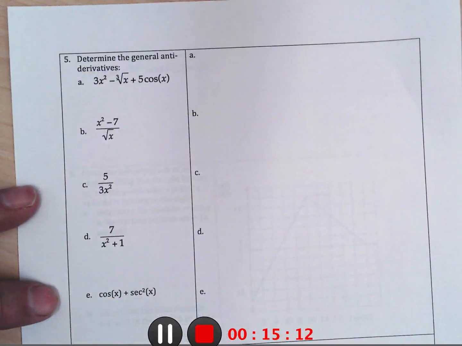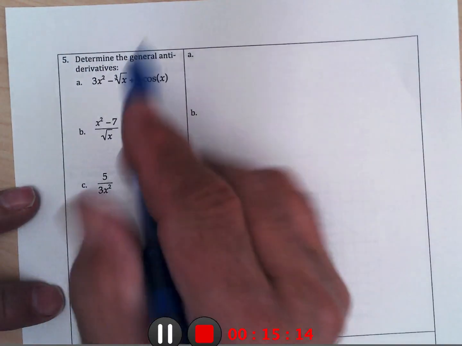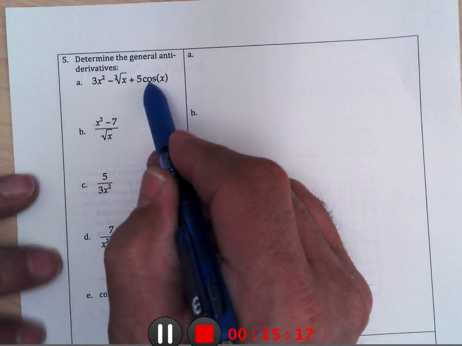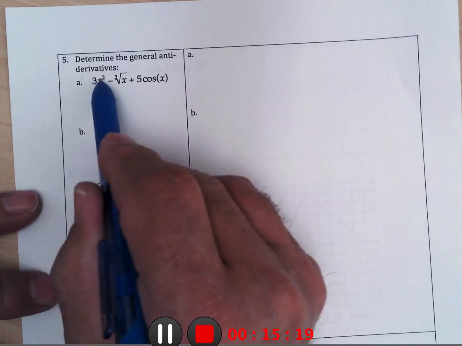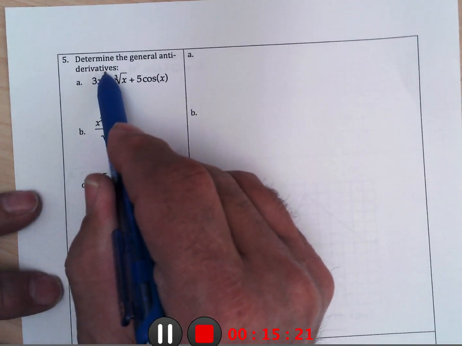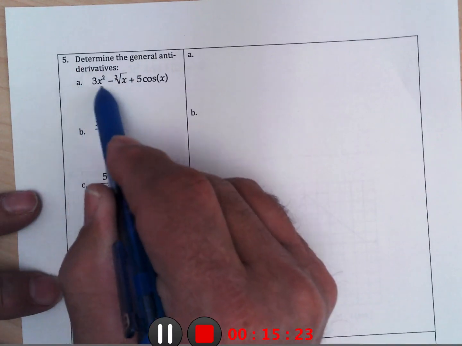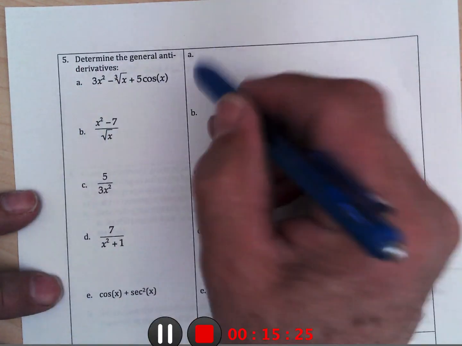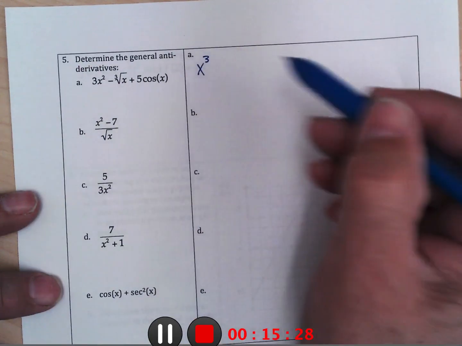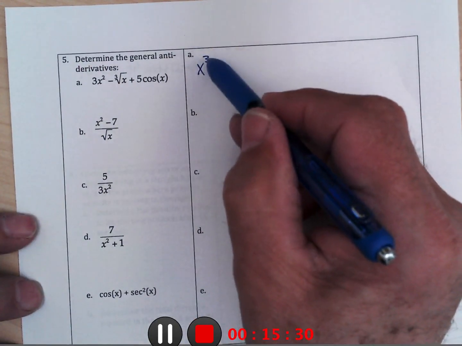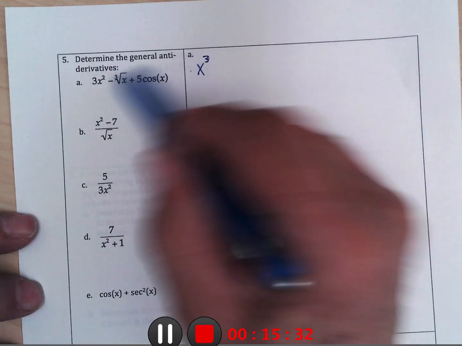So number 3. Now this one's going to be power rule, and a trig rule. So x to the 2, you increase the power by 1, makes it 3, and divide by the 3, so the 3's cancel, so I get x to the 3rd. Or if you will, you take the derivative of this, it becomes 3 times x to the 2, which is what we had.